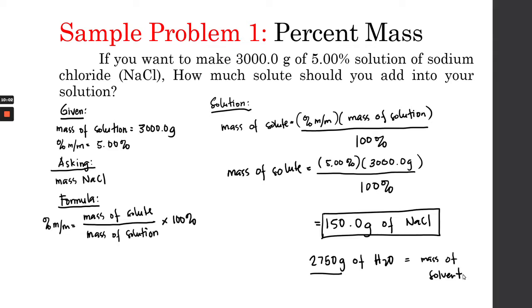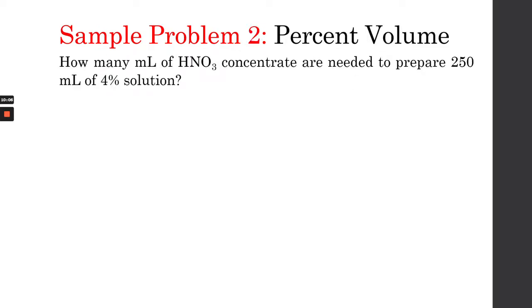So that is percent mass. Now let's head to our second problem, percent volume. Percent volume is the ratio between the volume of our solute and the volume of our solution, multiplied by 100%, because we're looking for percent concentration.